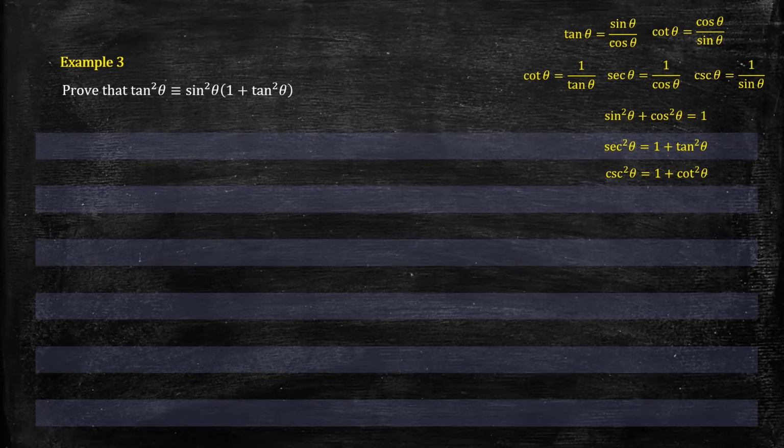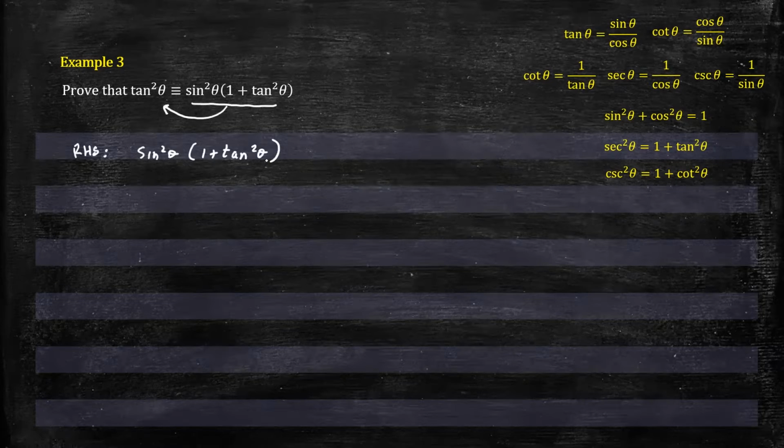In example 3, we want to prove that tan squared theta is equivalent to sine squared theta times 1 plus tan squared theta. So let's start with the right side, and we'll attempt to simplify that down to tan squared theta. So let's write our right side down. So we have sine squared theta times 1 plus tan squared theta.